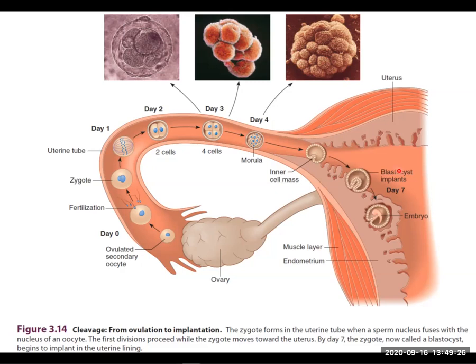And then this blastocyst will move into the uterus and start to get embedded in the uterus. And here is the endometrium. The endometrium is the layer that develops this environment for the blastocyst to get implanted.